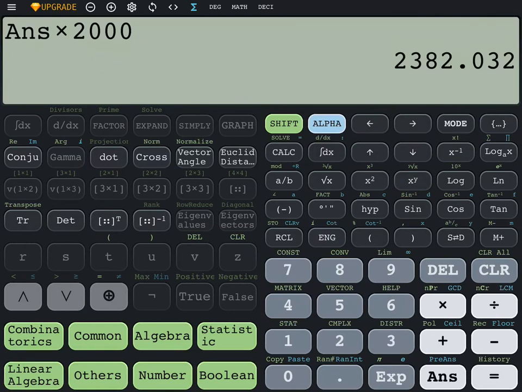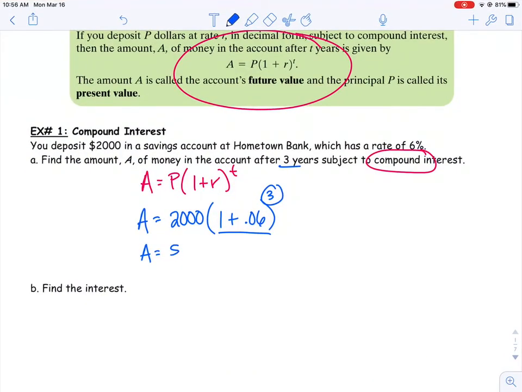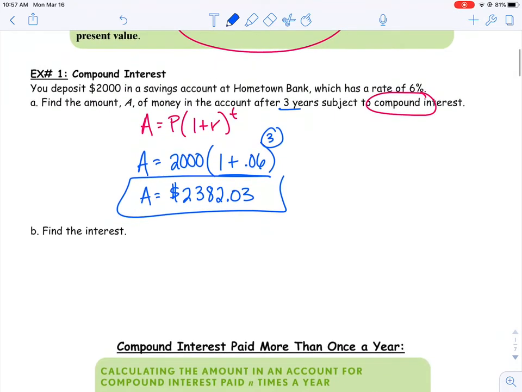And I ended up getting 2,382. If this is money, then we should be rounding to 2 decimal places. So at the end of the 3 years, we're going to end up having $2,382.03. That's the ending amount total. That includes the original amount of the 2,000 that I put in, plus any interest.